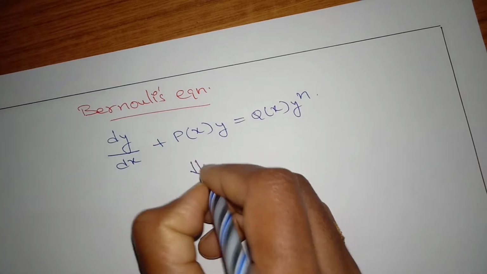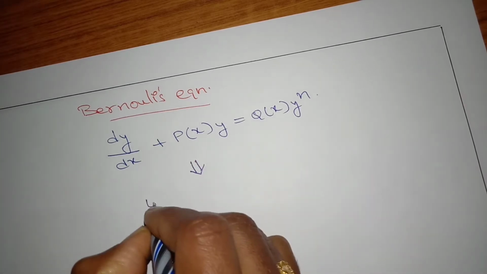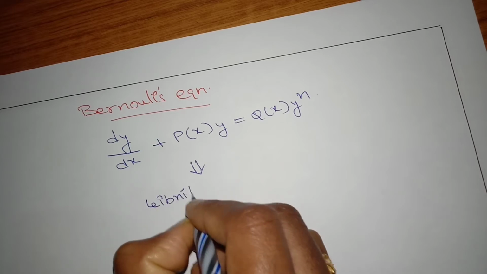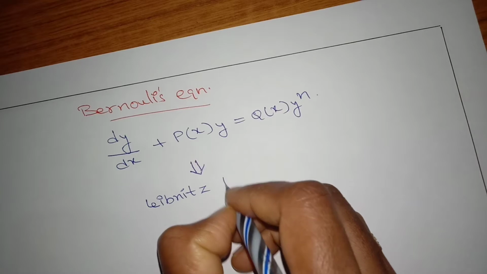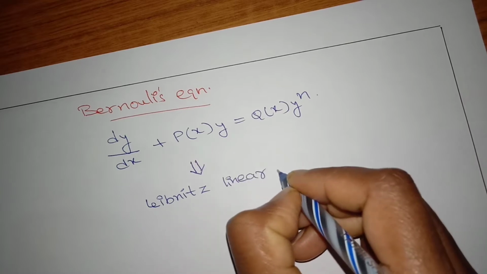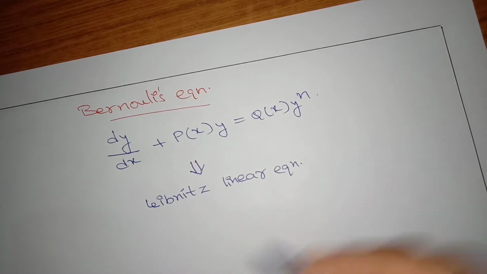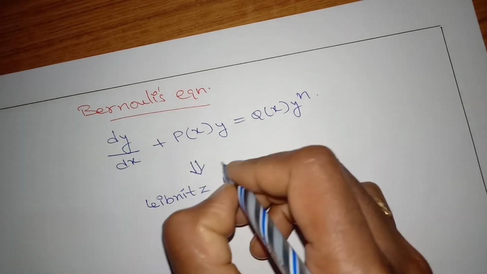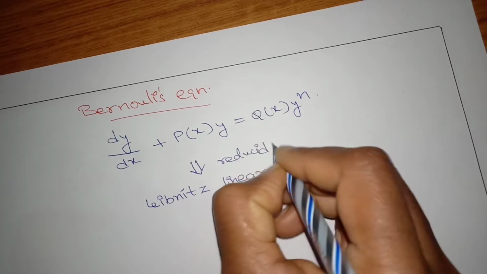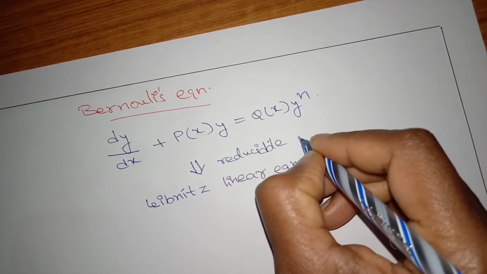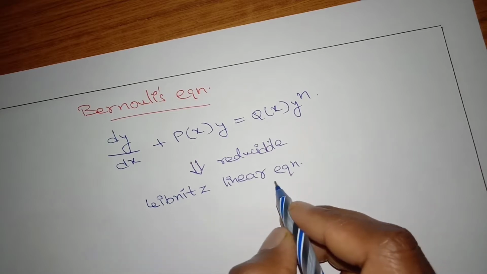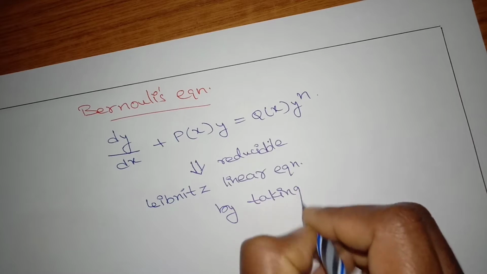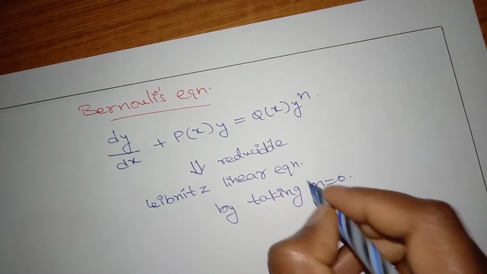This can be reducible to Leibniz linear equation. Leibniz linear equation is nothing but a linear equation. Linear equation is also said to be Leibniz linear equation. Bernoulli's equation can also be reducible to Leibniz linear equation by taking n equals to 0.